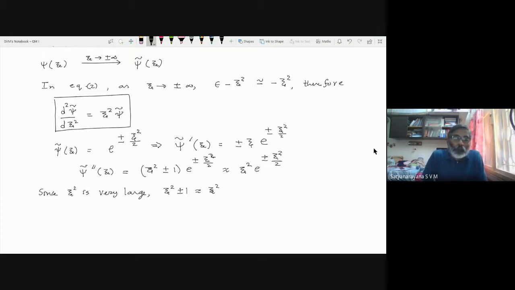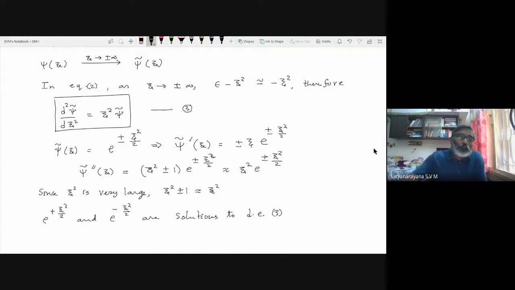So we note that e to the power plus xi square by 2 and e to the power minus xi square by 2 are solutions to differential equation 3.